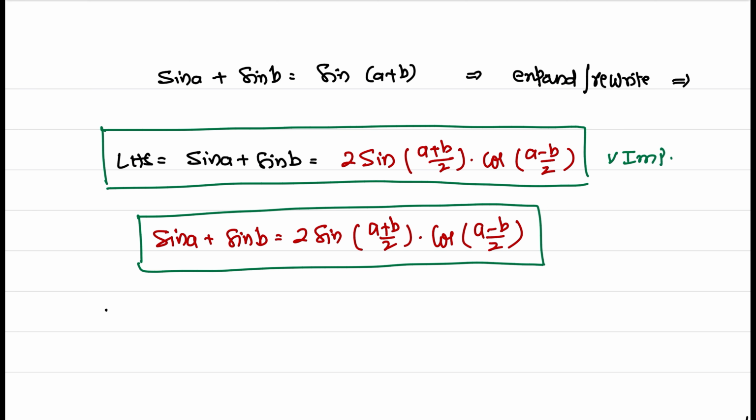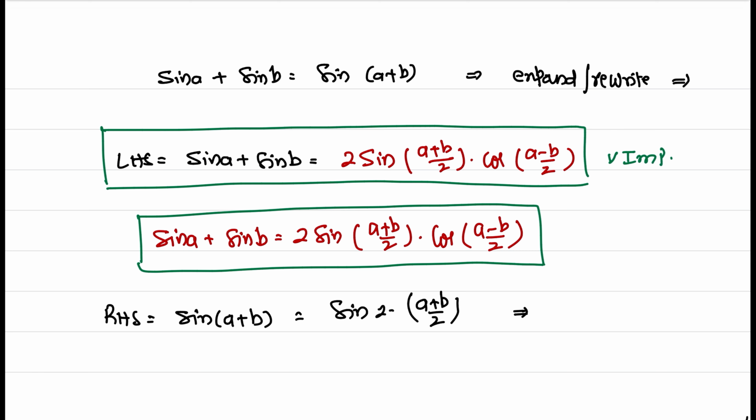Now, what is the right hand side? The right hand side is equal to sin(A+B). That is nothing but sin 2 into (A+B)/2. What is sin 2 theta? sin 2 theta is nothing but 2 sin theta cos theta.